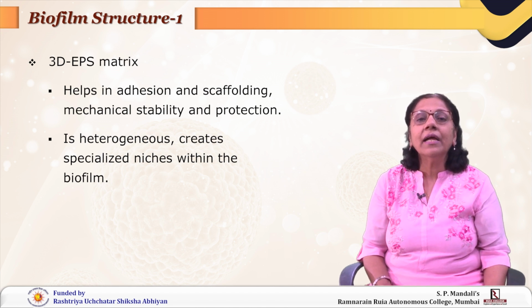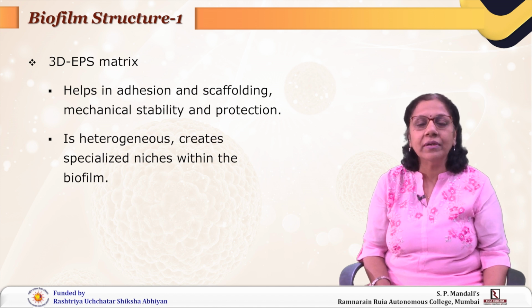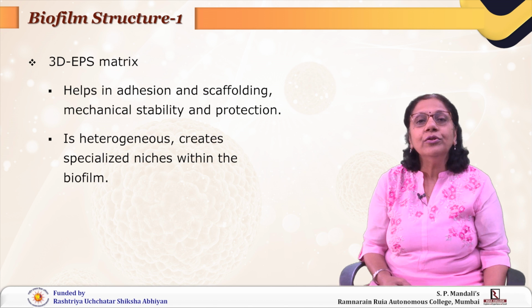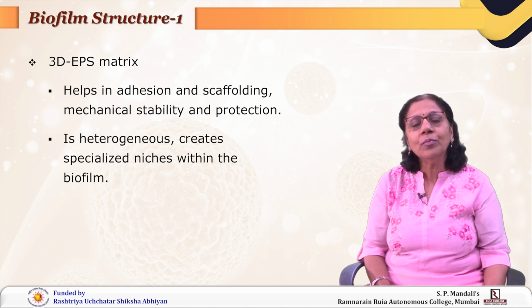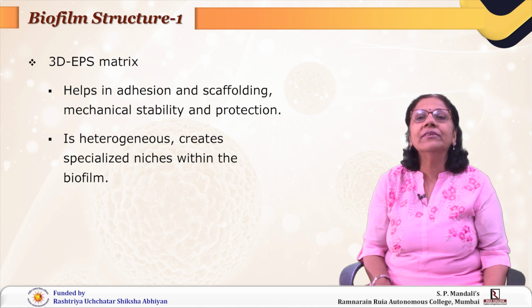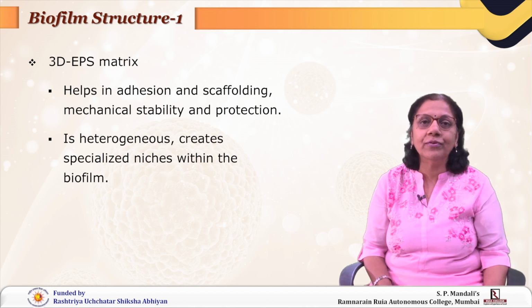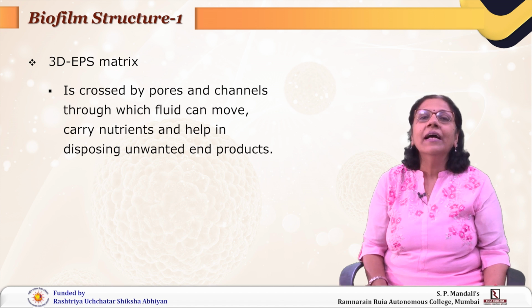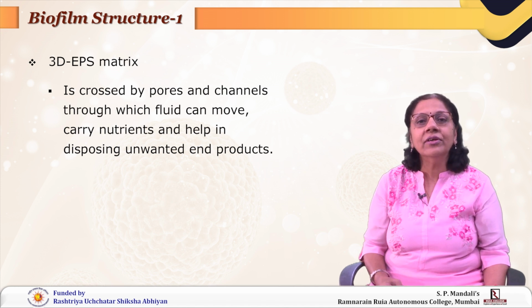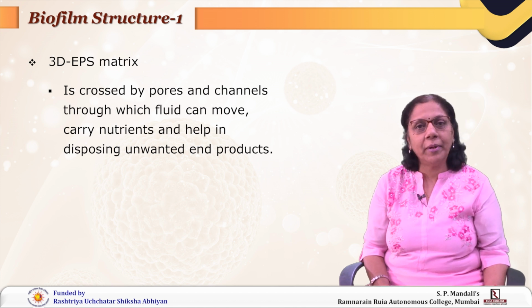The structure has been now found to be an intricate network for nutrient flow to happen within the matrix. It is almost like a circulatory system that develops in the 3D matrix of the biofilm. This structure therefore allows nutrients to flow in and nurture the cells within the biofilm and the toxic end products to flow out of the biofilm.